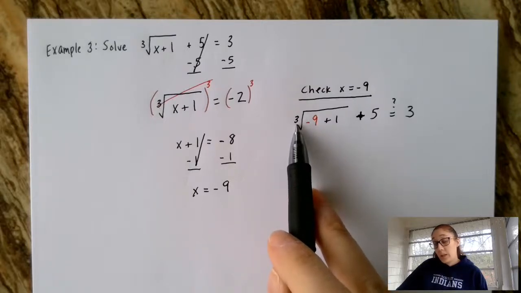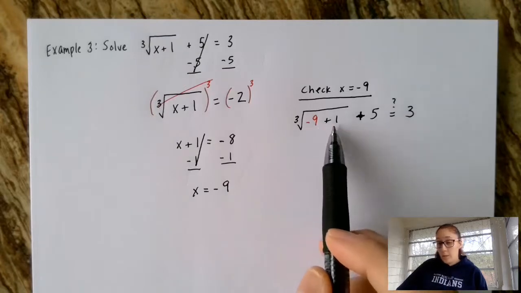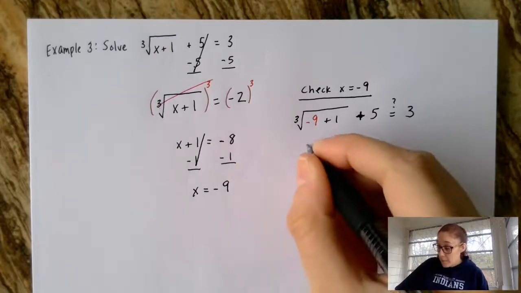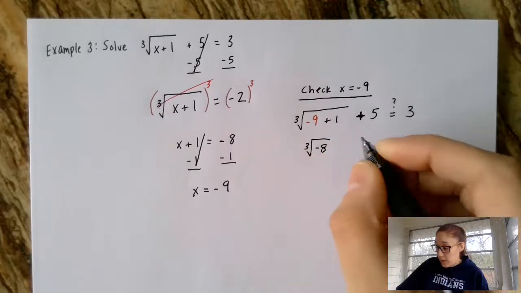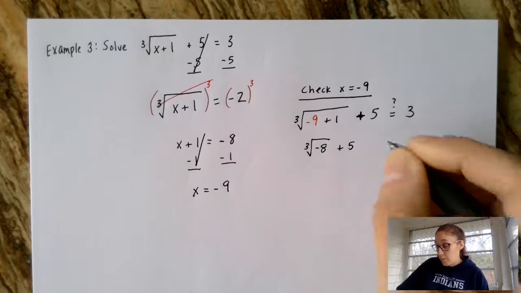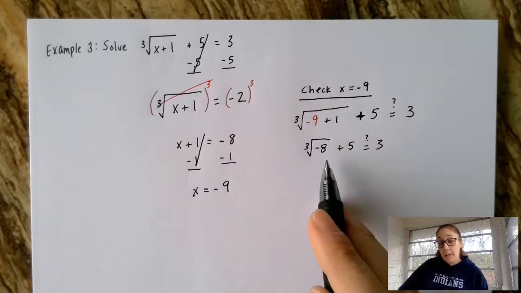We can get negatives when we have odd indexes like 3, 5, 7, and so on. So negative 9 plus 1 gives us negative 8. So we have the cube root of negative 8, and hopefully by now that is looking familiar. So the cube root of negative 8 is negative 2.